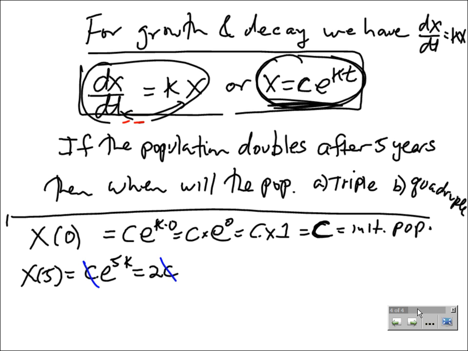That is, it didn't matter whether c was 1,000,000 at the beginning, or c was 11 people, or c was 1,100, or 18,329. The c's cancel. When it doubles, regardless of how many people were initially, e to the 5k must equal 2.